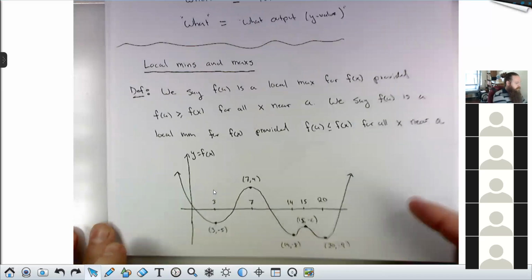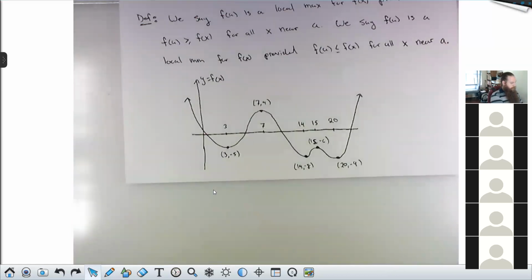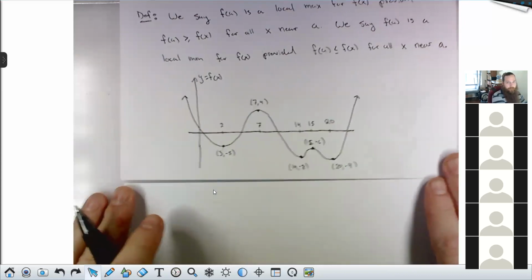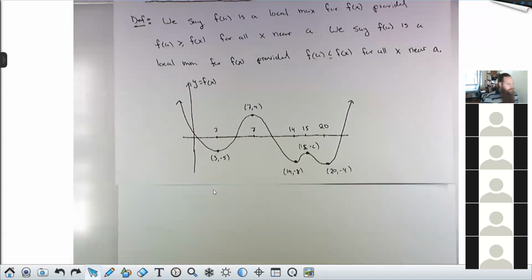So let's characterize each of these points. First, let me ask some questions. What's f of 3? -5. Very good.